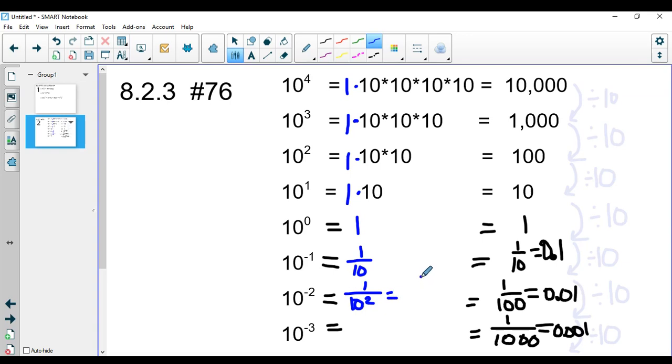Or we could write 1 over 10 times 10. And then same thing happens for 10 to the negative 3. We have 1 over 10 to the third. And my cursor is running off the screen. Or we could say 1 over 10 times 10 times 10.